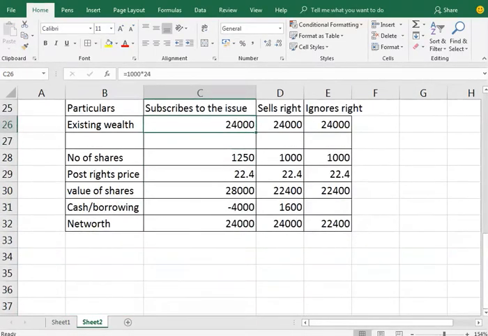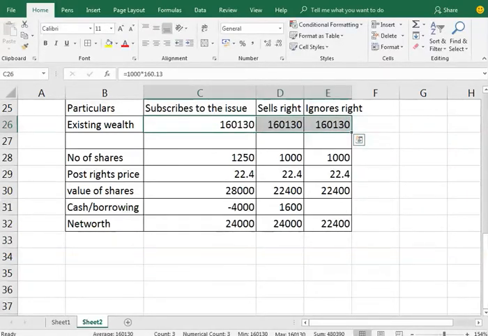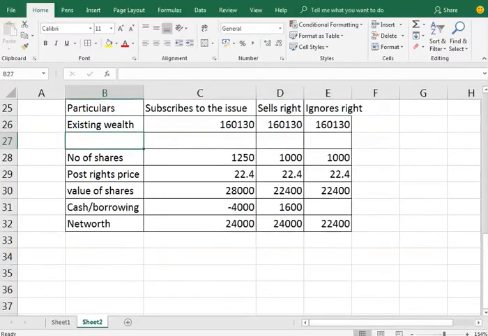Taking an example of again 1000 shares, existing wealth is 1000 into 160.13. It's not 150. You cannot compare with 150, because the moment the project is announced, my wealth has gone up. So my existing wealth is 1000 into 160.13. After that it will become 125.